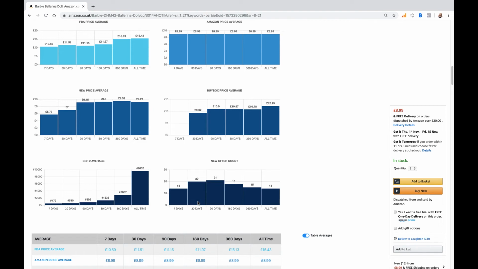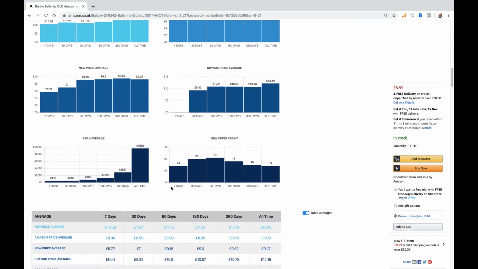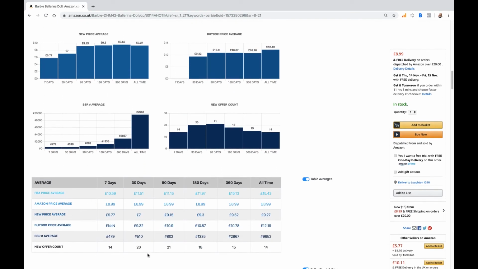Now, not everybody likes to see things in this sort of format. Some people prefer to see something in a table format like this. So this information in this table format is exactly the same as the information in these average charts, but it's done in a table format because people like to consume data in a different way.